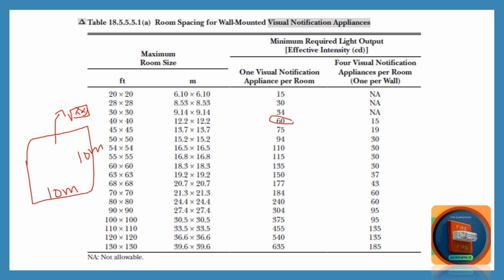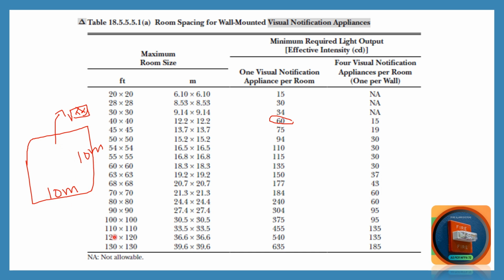One is enough. However, if you want to consider more notification devices or more strobes, then in the absence of 60 CD, we can consider 15 candela rating, 4 strobes per room, one per wall. If you look at this particular figure, we can install one here, one here, one here, one here.